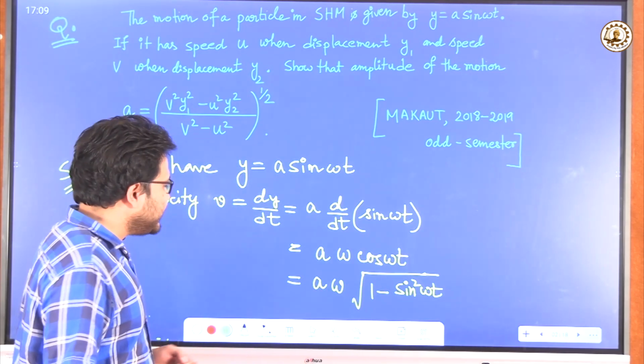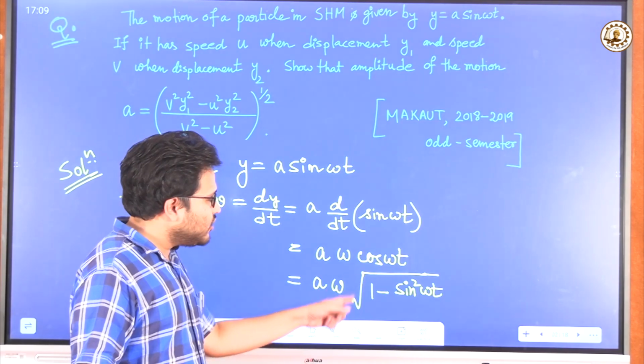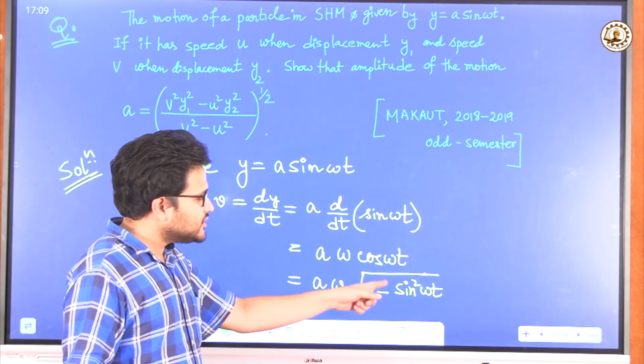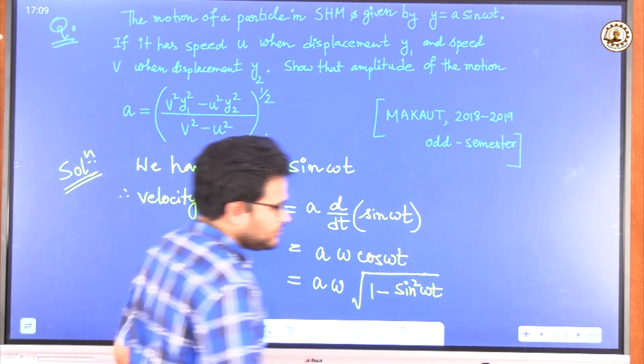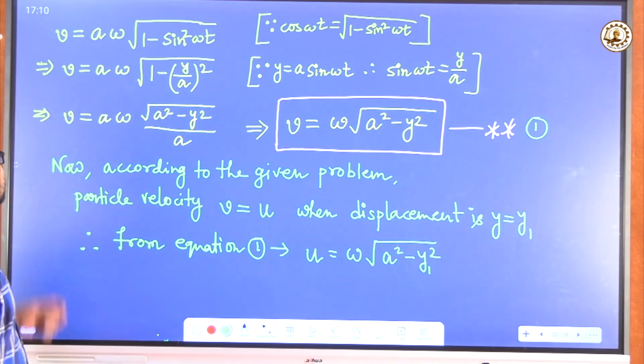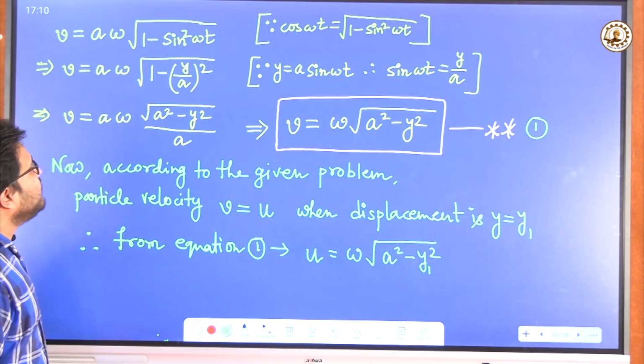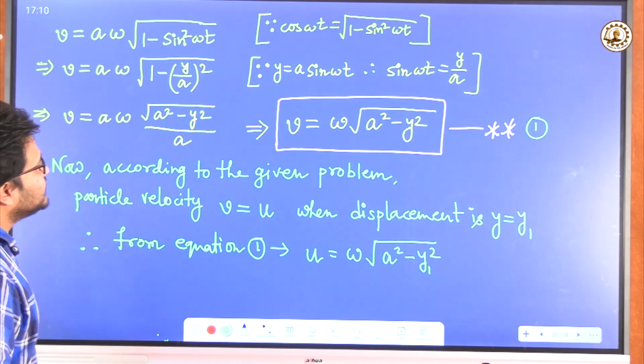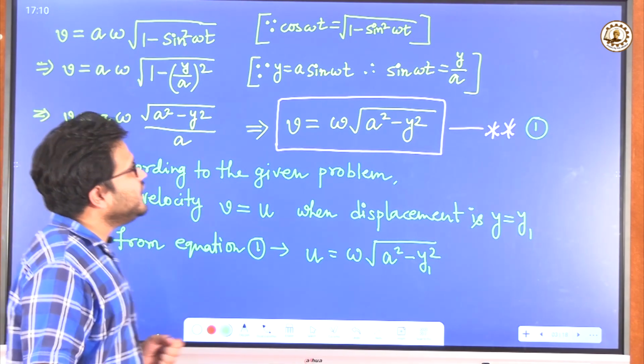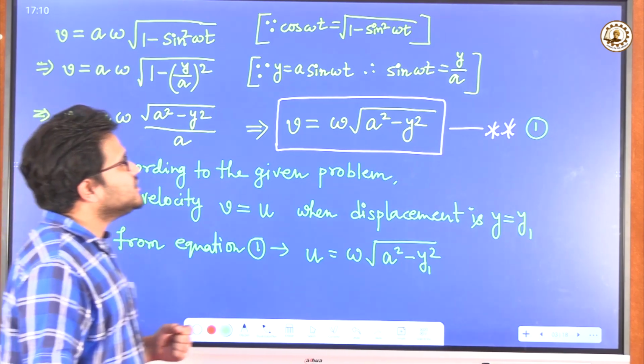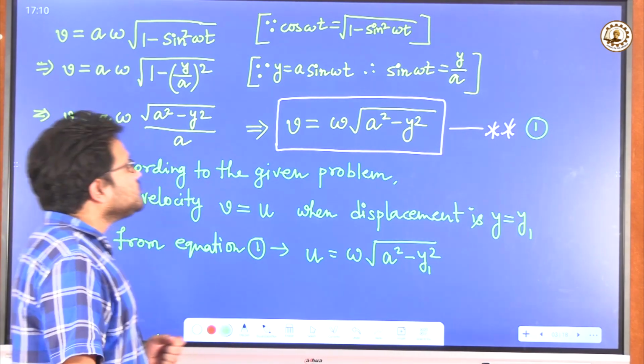So the velocity of the particle v equals a omega root under 1 minus sine square omega t.